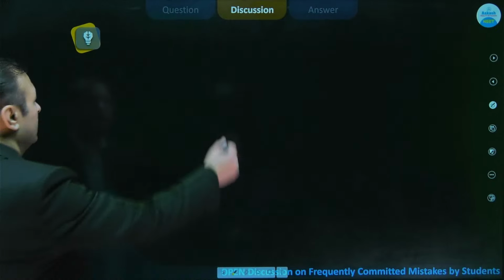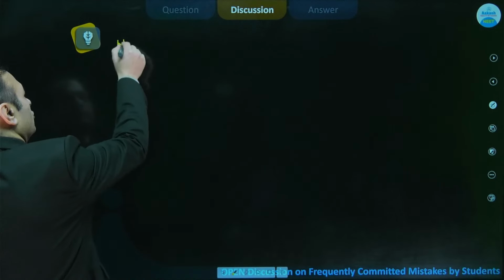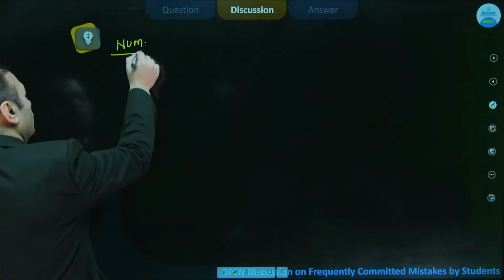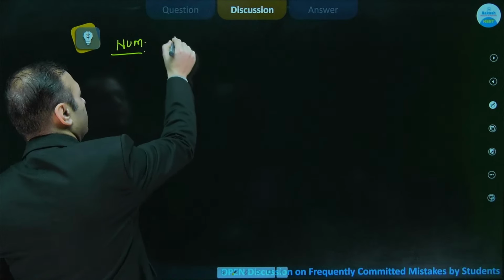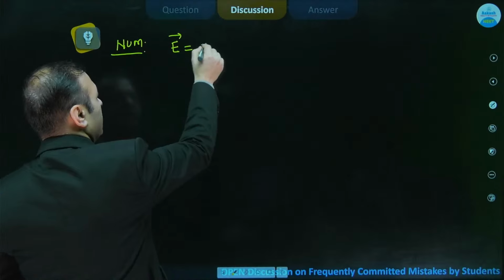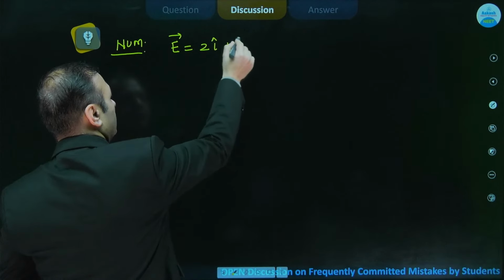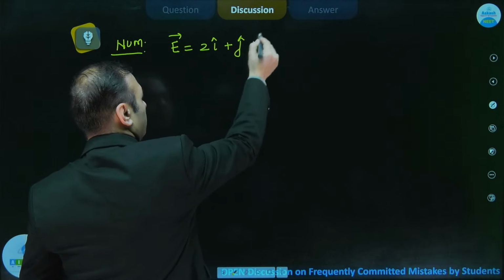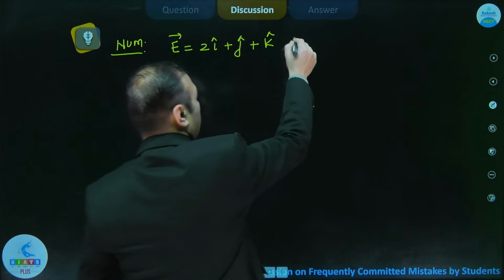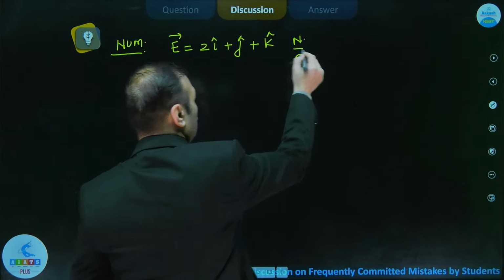Now let's suppose if I give you one more numerical based on this. This is for your practice sake. Let's suppose electric field vector, we keep it as 2i cap plus j cap plus k cap, and this is Newton per coulomb.